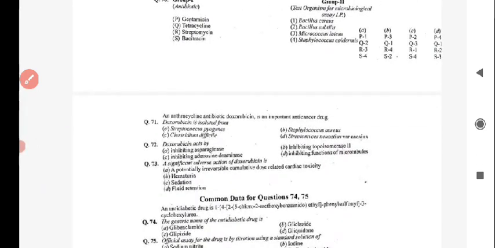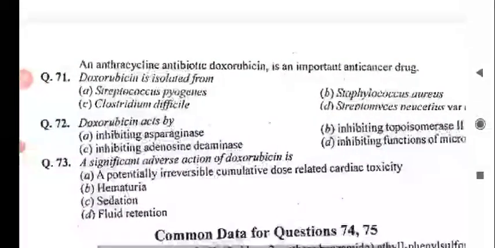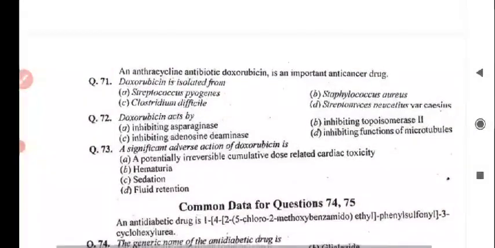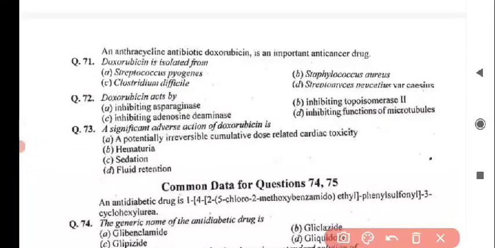Now moving to the next question. So the remaining questions are statement based questions. In this, the first statement is, an anthracycline antibiotic doxorubicin is an important anti-cancer drug. And the question is, doxorubicin is isolated from, and the correct answer is option D, Streptomyces peucetius variety caesius.